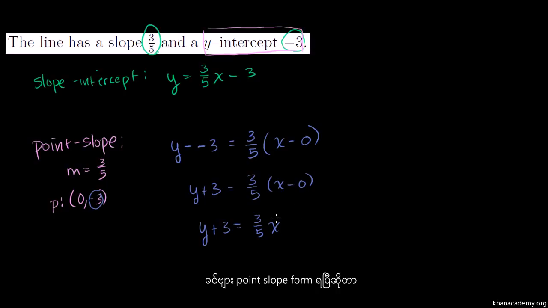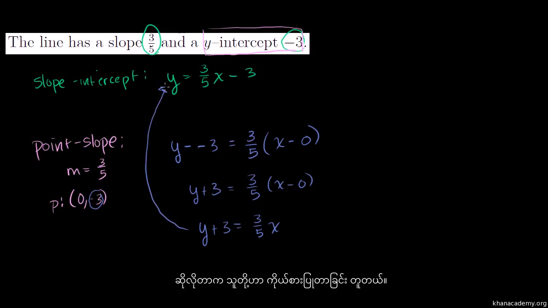It's not 100% clear that you're in point slope form right now, but I think it's silly to write x minus 0. And obviously, to go from here to there, you just have to subtract 3 from both sides, and you'll get that. So these are almost equivalent. I mean, they are equivalent in terms of what they represent. They're even almost equivalent in how you write them. You just have to subtract 3 from both sides of this equation to get to that one.